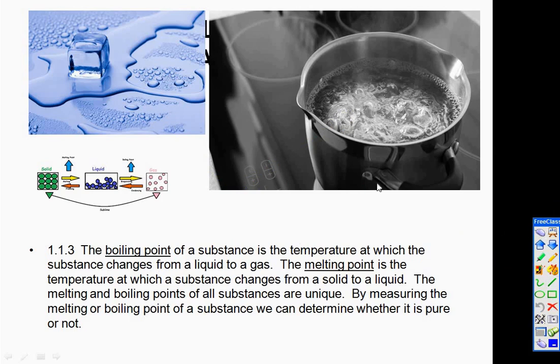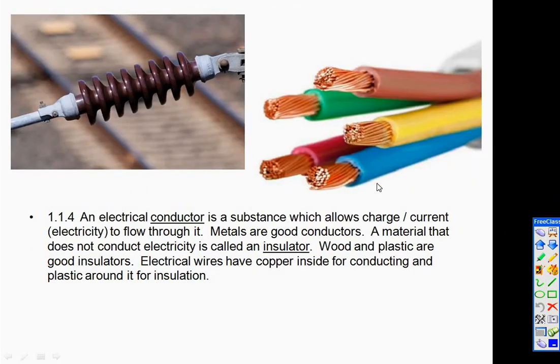Okay, so the next property that we are going to look at is the conductivity of a material. When we talk about this, we talk about heat conductivity and also the ability of the material to conduct electricity.